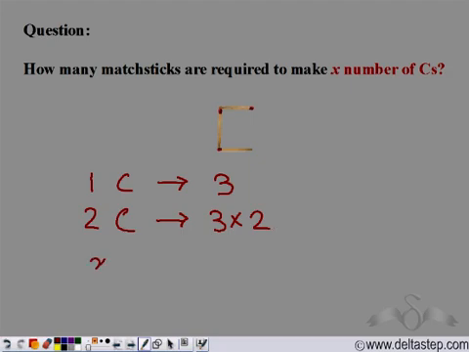So for making x number of C patterns, we would require 3 into x matchsticks, which is 3x matchsticks. So we require 3x matchsticks to make x number of C's.